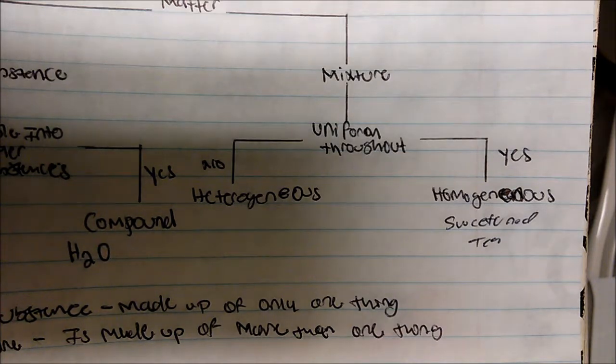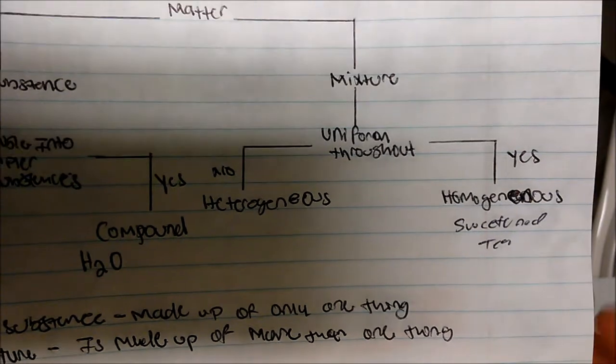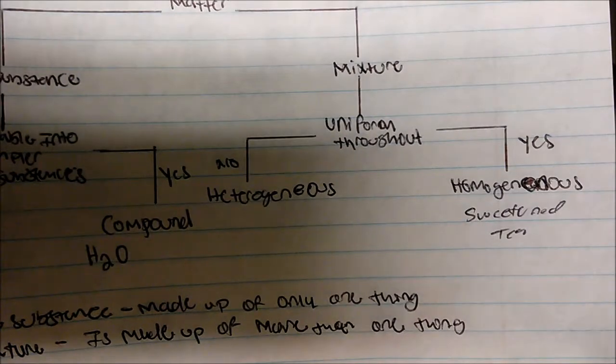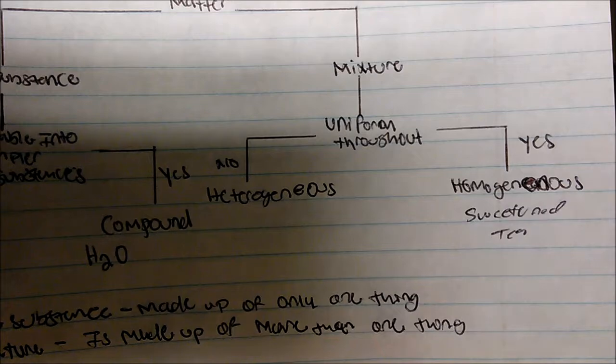In sweetened tea, which may just appear to be brown, we have sugar that has been dissolved, and we also have water. So everything looks like it's one, but in fact we have a variety of stuff in that. That's what we classify as a homogeneous mixture.